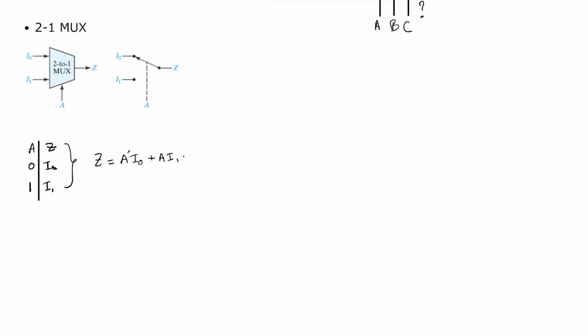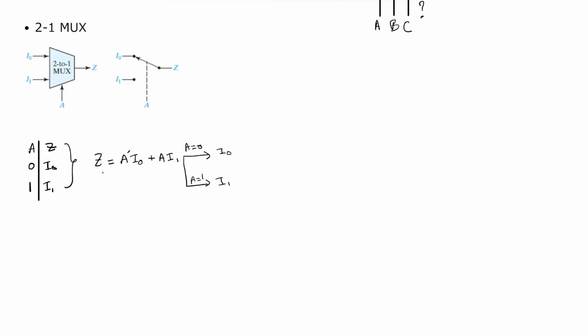Obviously from here we can see that if A is equal to 0, then this term will be gone, and we will pass I0 because A bar is 1. So we will get I0. How about if A is equal to 1? If A is equal to 1, A bar will be 0, so we will pass I1.